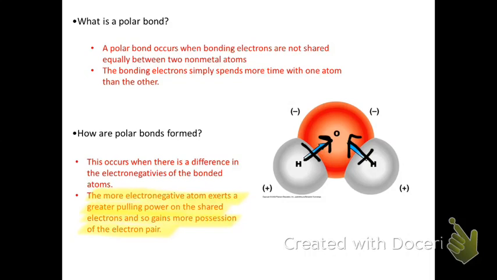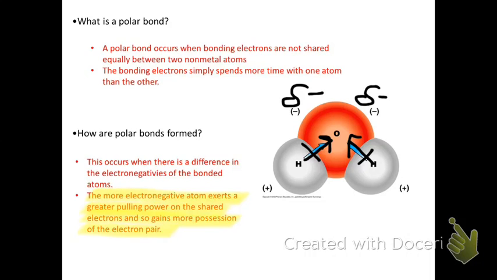Now, why is this important? Well, because when a polar bond is formed, we form what is called a polar region, or actually two polar regions. The atom that is most electronegative and gains possession of the electron pairs more is going to create a partial negative charged area.